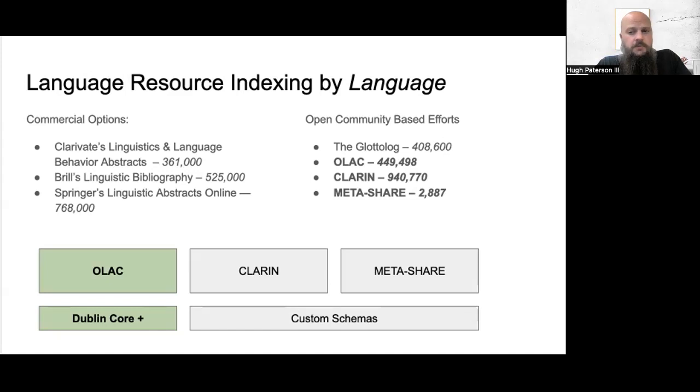And in contrast to those resources, which are predominantly print media and also predominantly scholarly publications, there are 3 networks of archives and stewards of language resources that are stewarding multimedia resources. And so there's OLAC, there's Clarin, and there's Metashare. And there's some overlap, but in general, they're independent networks of archives. So Clarin and Metashare both have their own independent schemas.